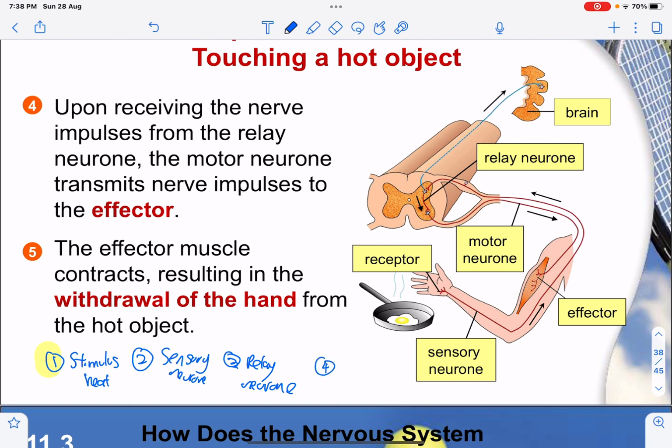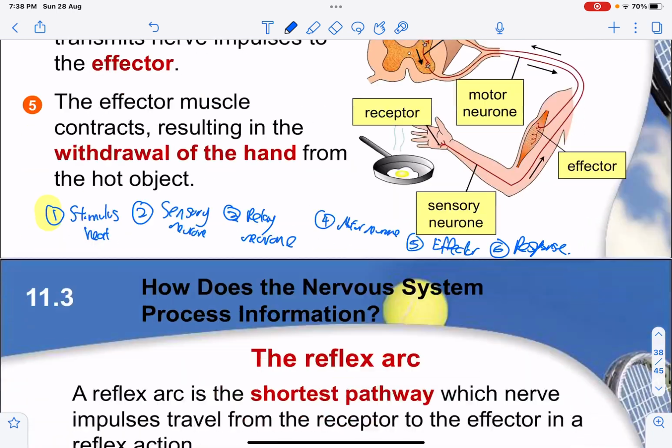If it's not going to be transmitted to the brain, then it will move to the motor neuron. And after the motor neuron, it will lead to the final one, which is the effector, the muscle, for the response. So these are some of the key words that you need to write in your exams for the different stages in order to get the marks.